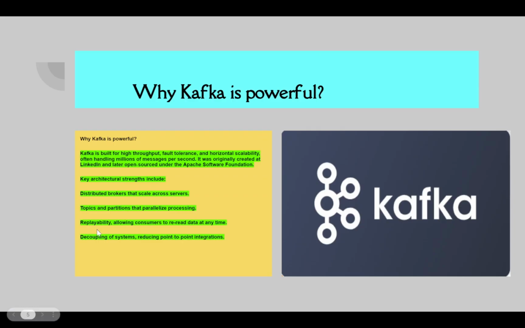Replayability, allowing consumers to reread data at any time, so consumers who want to see already processed data can do this. This is called replayability. And decoupling of systems, reducing point-to-point integration. If you are using Kafka with the microservice pattern, you can decouple all your services and stream the data in the best way.